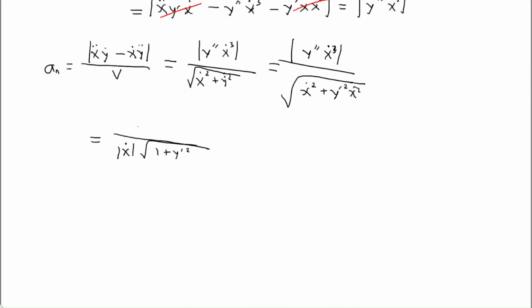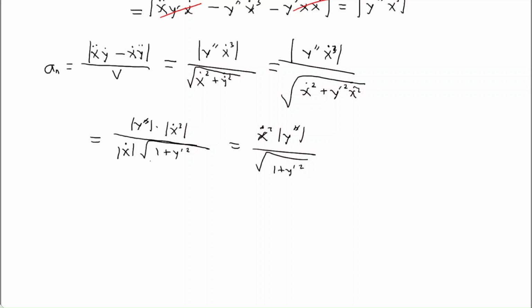My numerator up there, I can write as the absolute value of y double prime, times the absolute value of x dot cubed. That leaves me an x dot squared in the numerator, no absolute value necessary, and then the absolute value of y double prime, and then over 1 plus y prime squared.